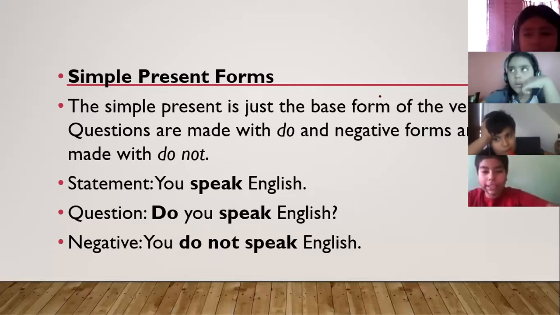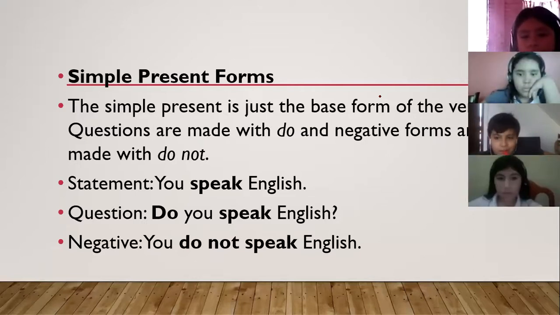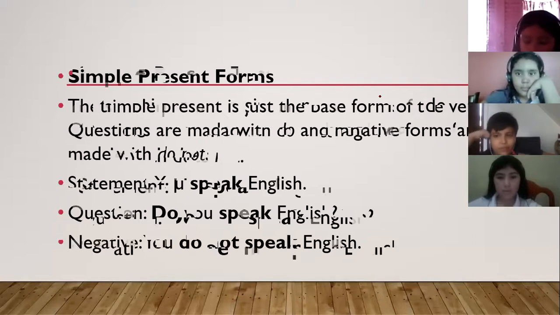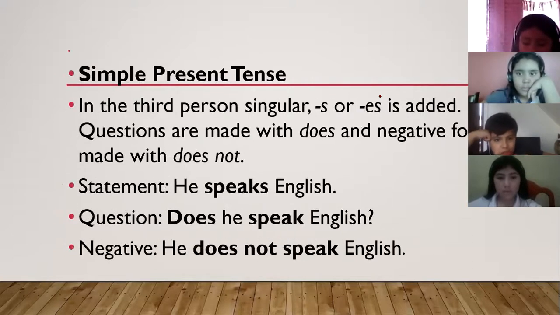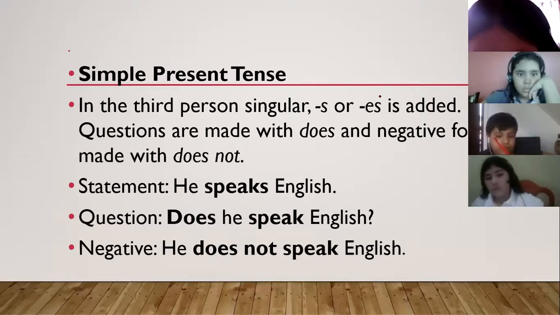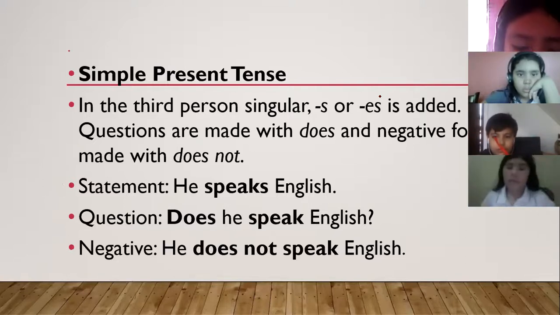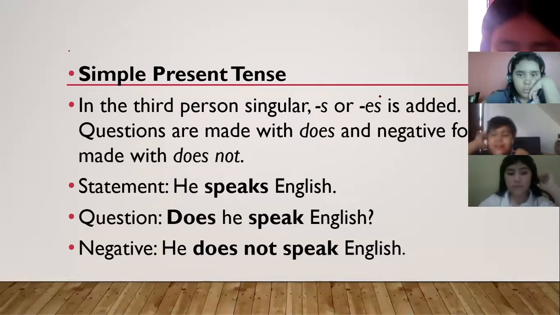Do you speak English? You do not speak English. These are the examples we have. And then, simple present tense. So you know that when we're talking about the third person singular, we have to add an s or an es to the verb, right?